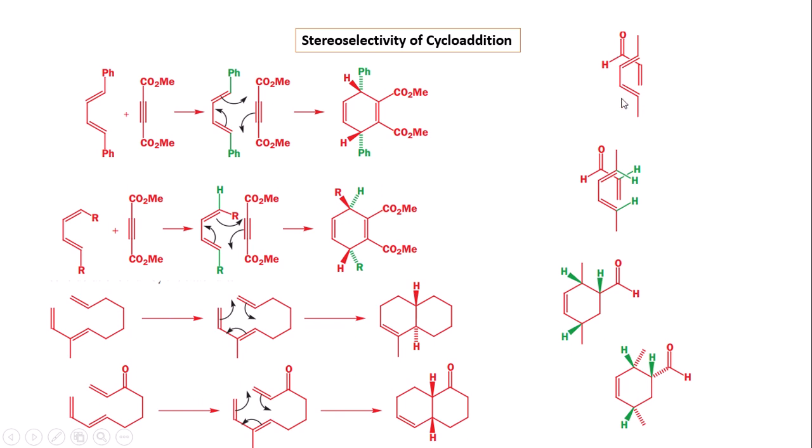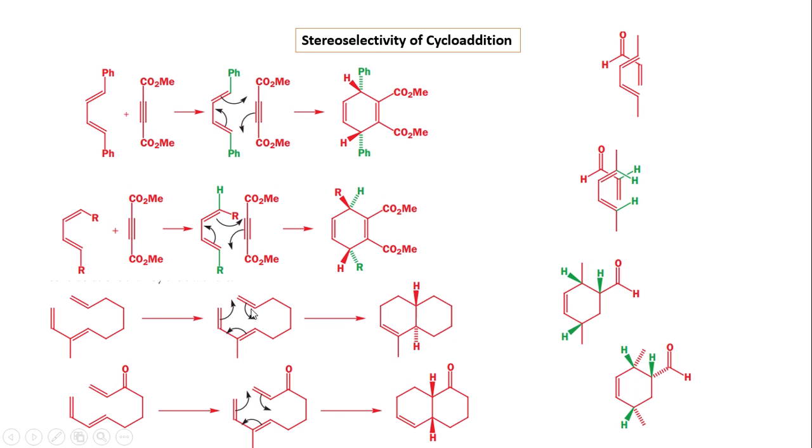Similarly, if we look at exo and endo addition, this green hydrogen atom is on the right side, so it must go in one direction, and this methyl group and the aldehyde group are on the opposite side, or these two groups are on the same side. So the hydrogen after addition should be on the same side. This is the hydrogen in the green side, that is the same side, and this ketone and methyl group are on the below side.